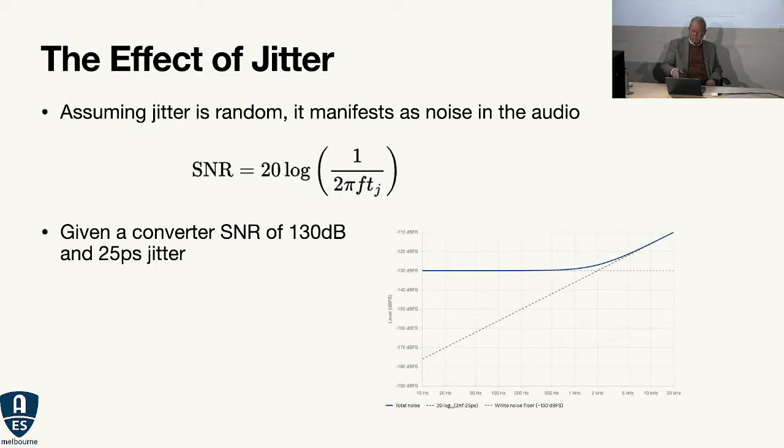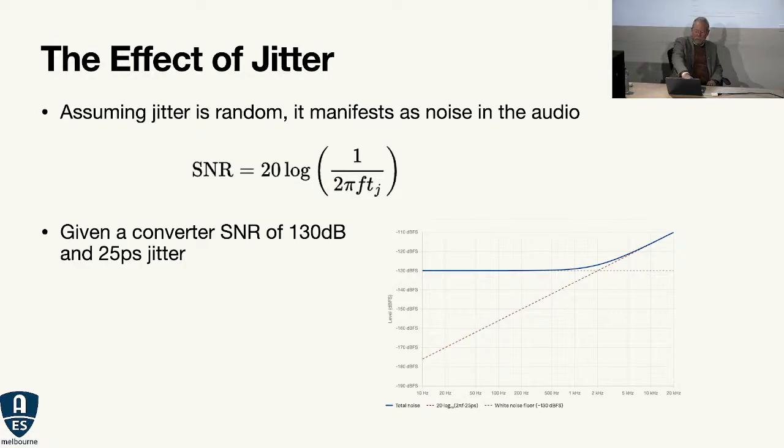I can make this a little more clear by showing you a curve of what that looks like. This red line here is this formula, where as frequency goes up, it's going up at 20 dB per decade.